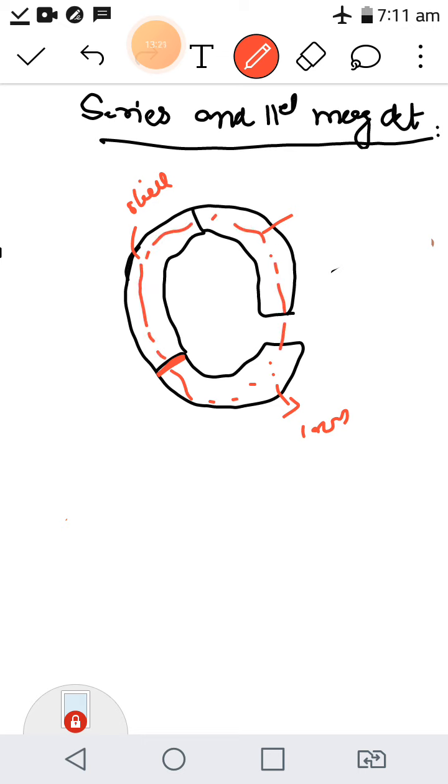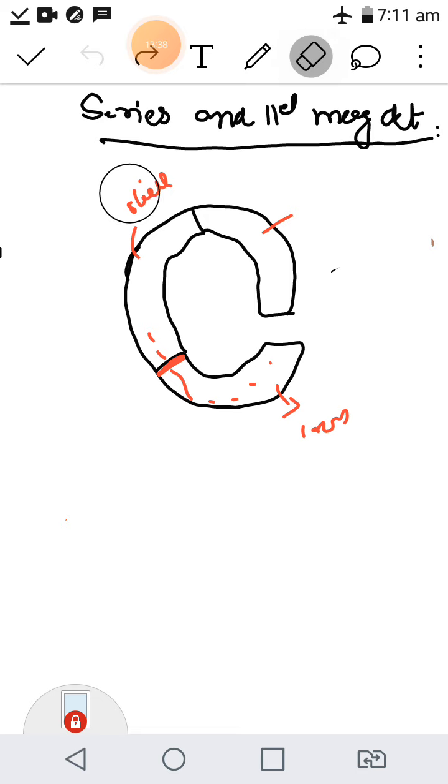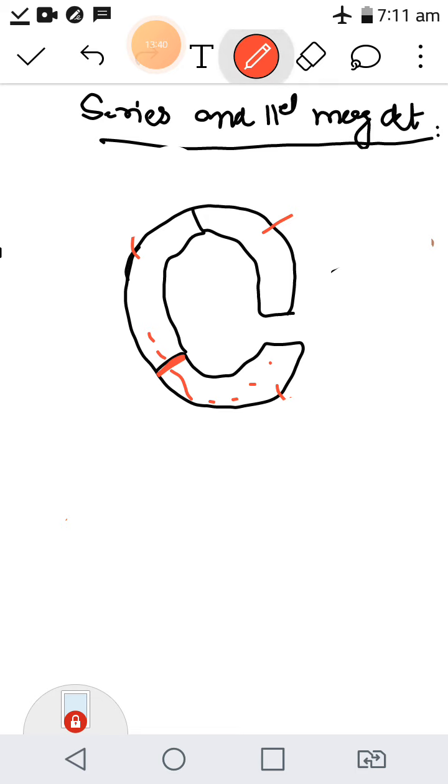So how many magnetic parts are there? You have to identify all the magnetic parts. So we can say that this is material number 1, this is material number 2, and this is material number 3.